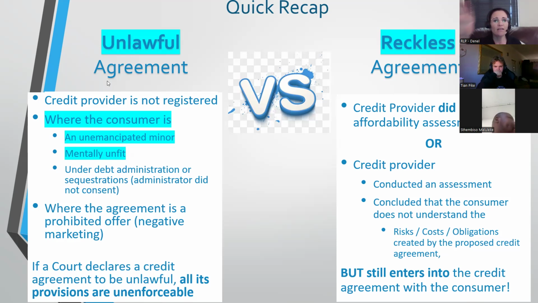So this is the Oprah side, where clearly this person should not have been approved for credit, but they just gave the credit regardless. And with reckless agreements, it will be reported to the NCR and the magistrate's court. And if it's declared reckless, it will be set aside or suspended. Do you get the difference between the two?